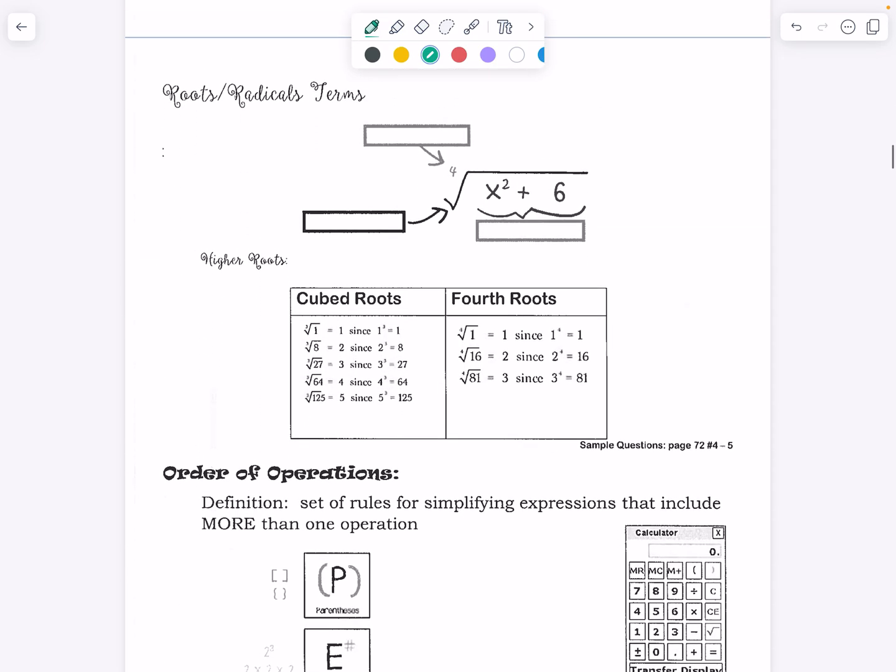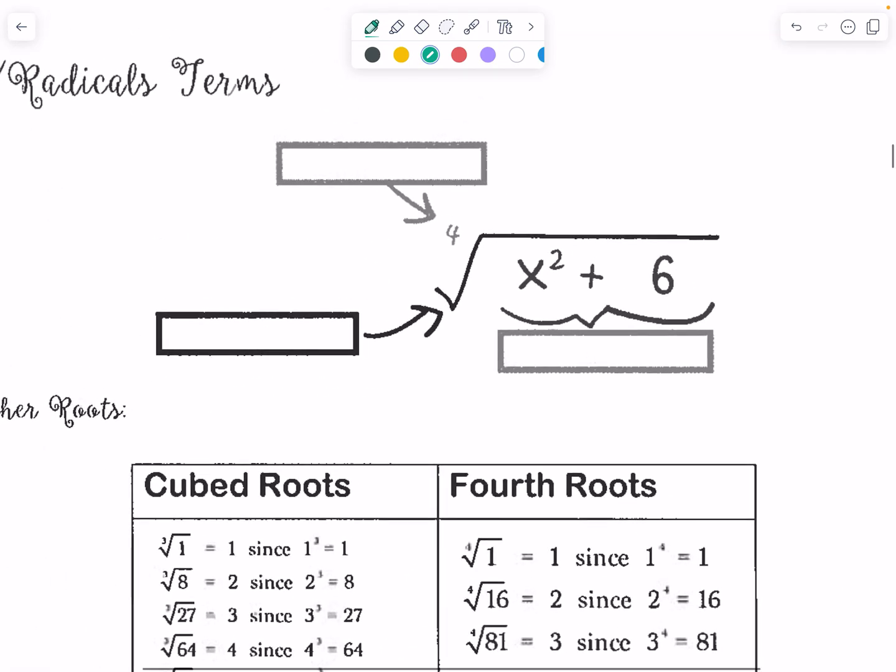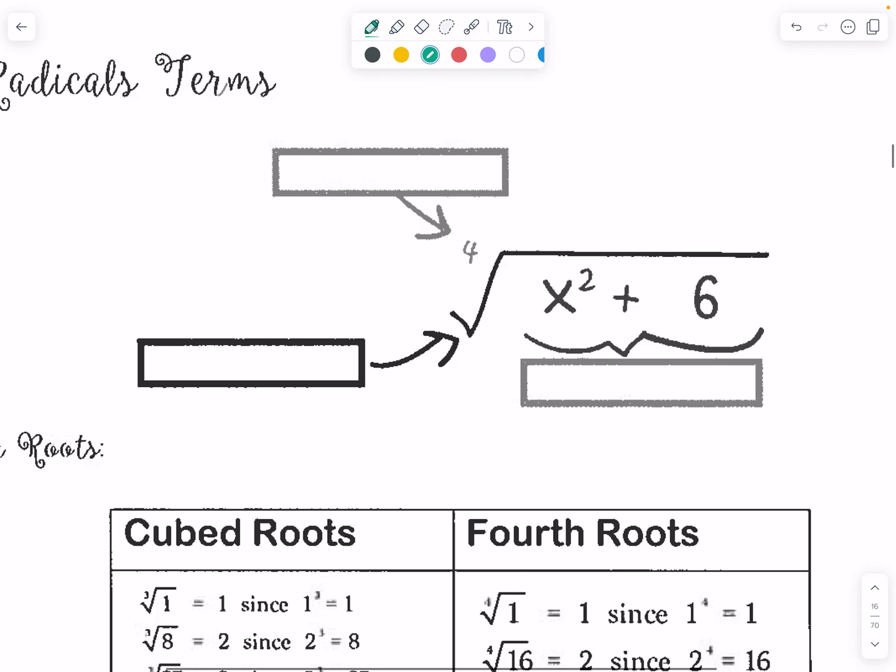And so with that being said, let's extend out square roots to all roots. So we have something called the nth root. An nth root just means that it is any general square root. So just some definitions. The little number on the root is called the index.